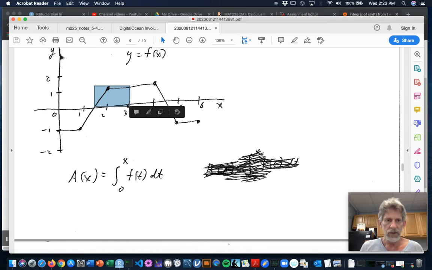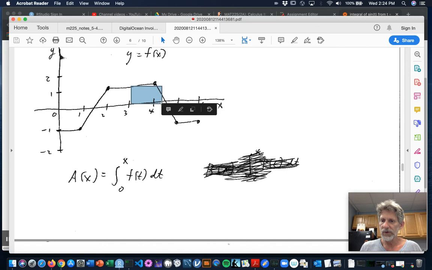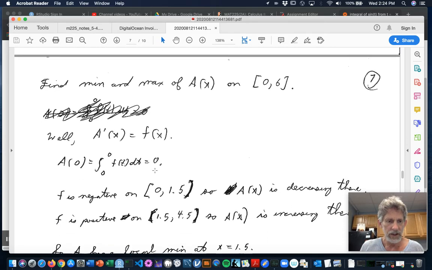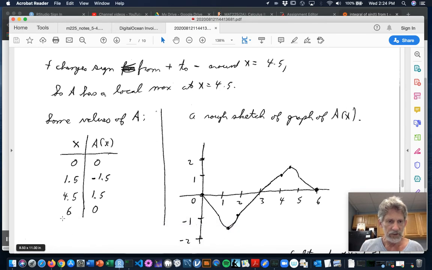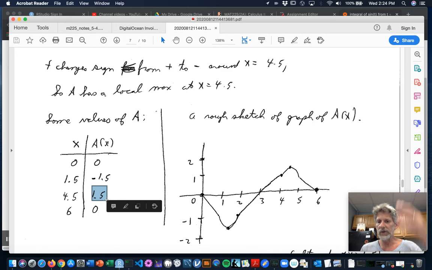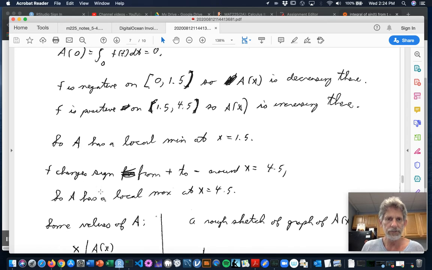And so actually capital A at 3 would be 0. And then I get another trapezoid exactly the same size. And so I have a total of positive 1 of those trapezoids. The area will be 1.5 by this time. So when x is 4.5, the signed area underneath has clawed its way back up to 1.5.